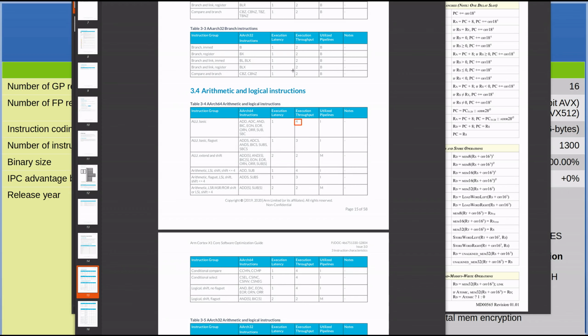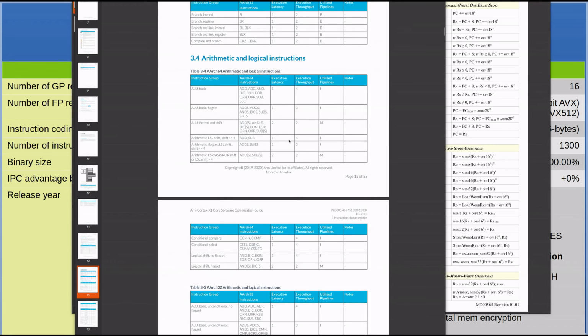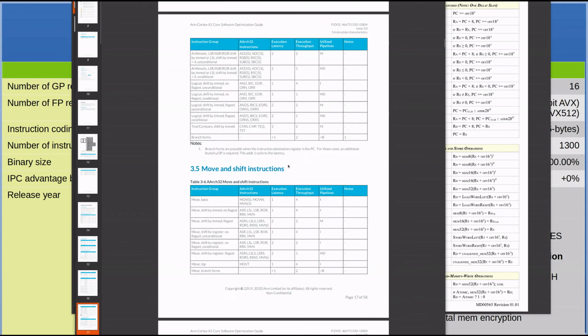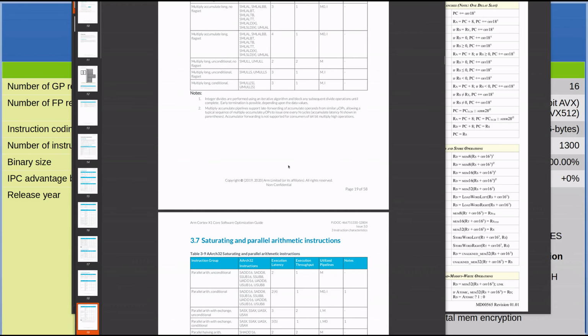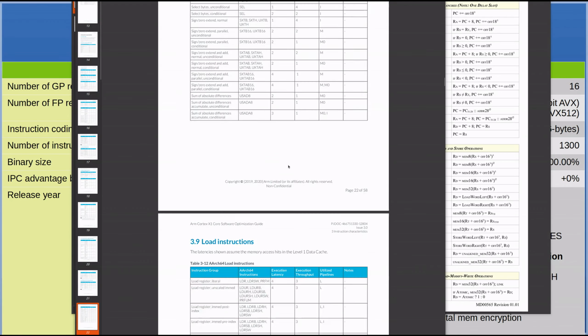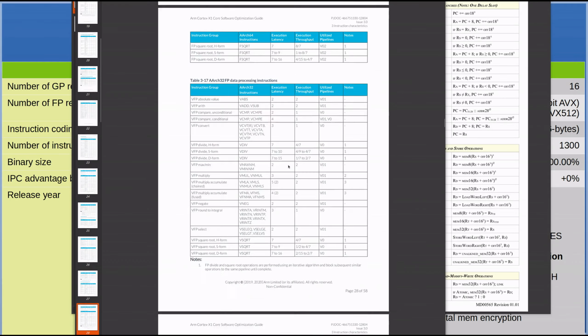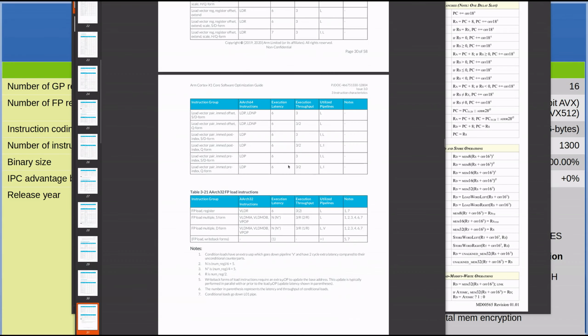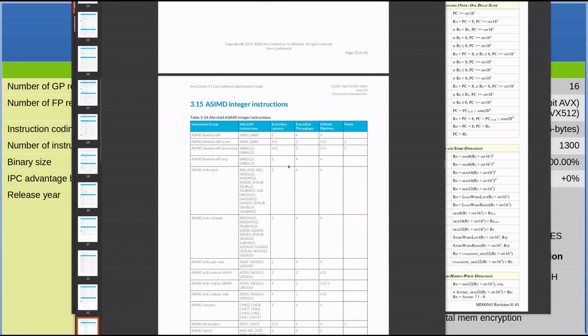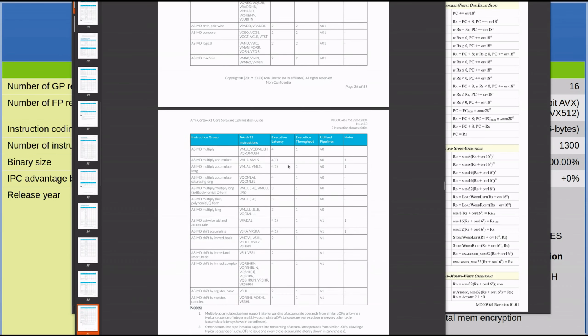But what I would like to show you here is how many of those instructions are supported by the CPU. So let's take a look actually. Now let's see how many instructions, how many pages. And this is way more than 100 already. It's hundreds and hundreds of instructions.